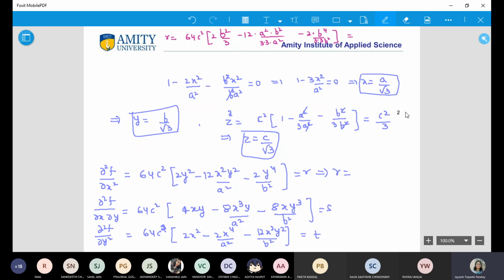So when you simplify this, 2 by 3b square, 4 by 3b square, 2 by 3b square.